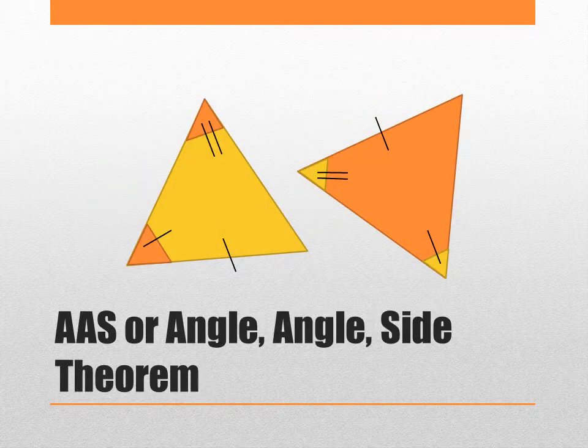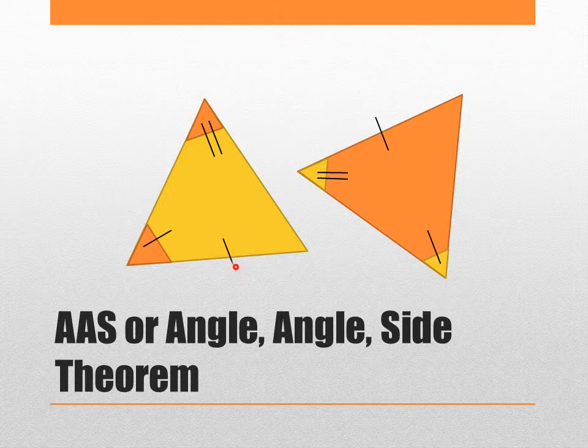AAS, or angle-angle-side theorem. Here are the two acute triangles again, for example, the first triangle and the second triangle. Based on the illustration, the two angles and the corresponding side are congruent to another two angles and the corresponding side of the other triangle.